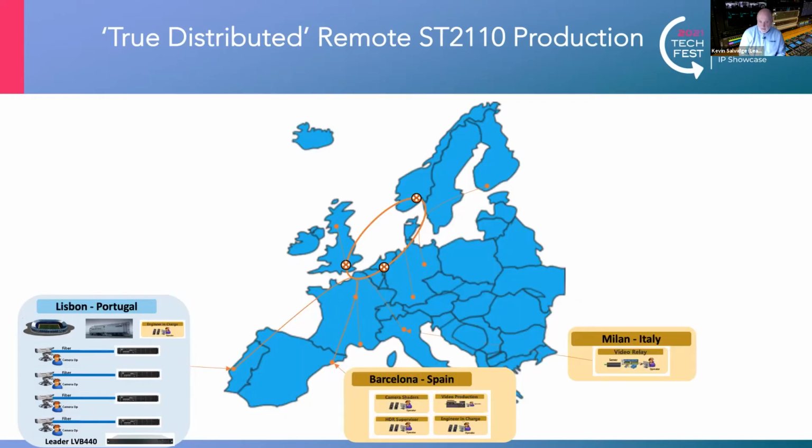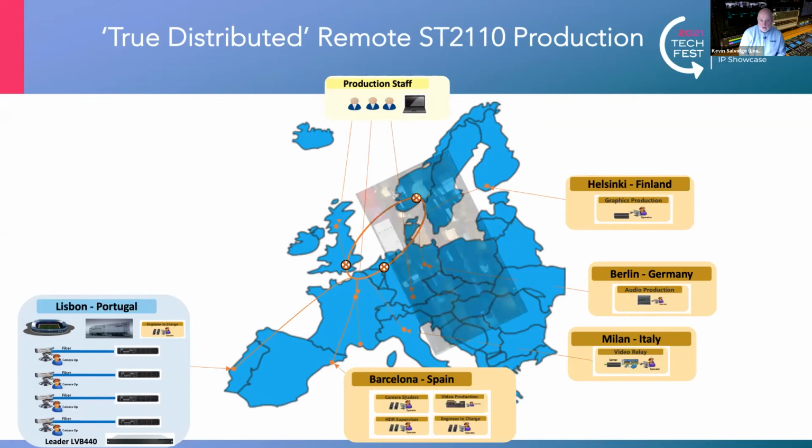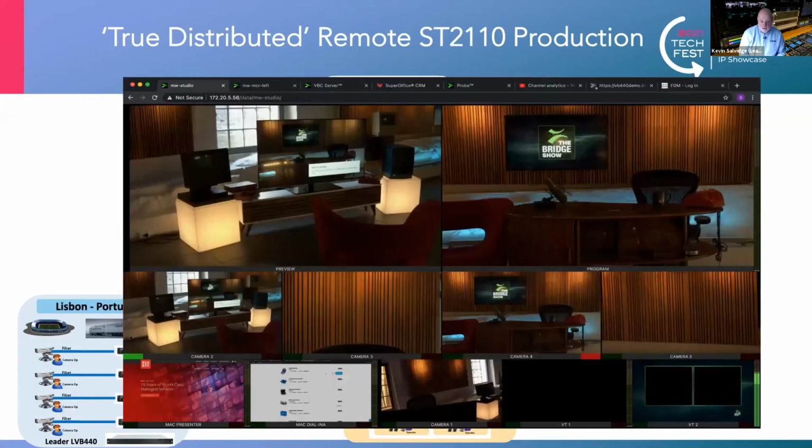Obviously, the video replay can be connected via the network. Audio production can be connected via the network. Graphics can be connected. And production staff now can work remotely and with a multi-viewer display, view the sources that are relevant to their particular production requirements.